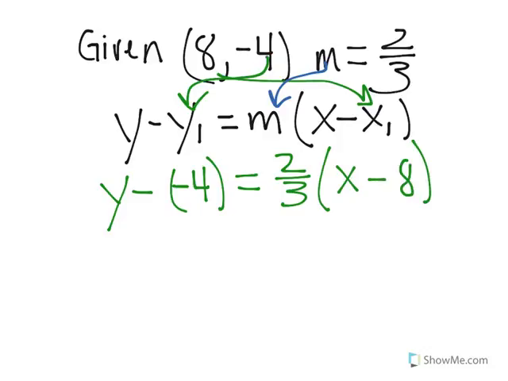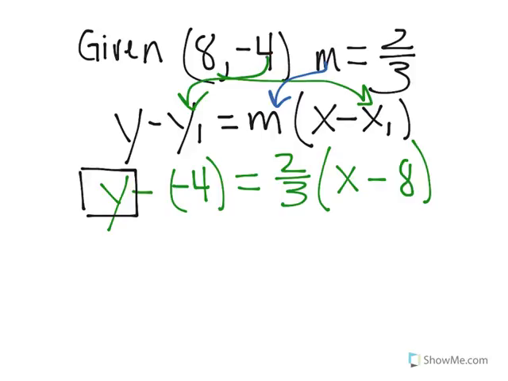We could leave it in that form, but many times we're asked to change it to slope-intercept form, so we'll want to isolate this y. So we'll want to move the minus a negative 4 to the other side of the equation.